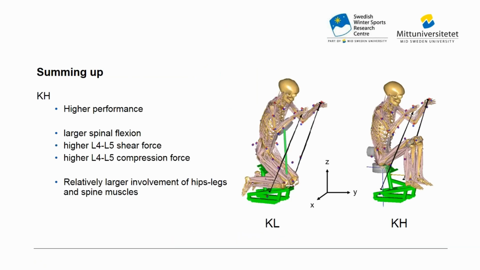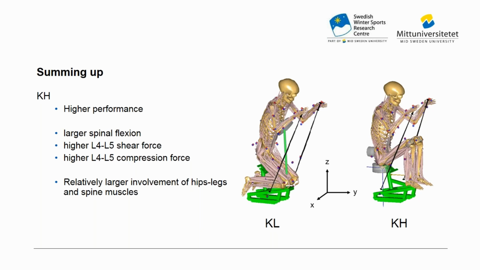And then summing up the results, the KH position showed higher performance, larger spinal flexion, higher shear force, anterior shear force between lumbar vertebra 4 and 5, and also higher compression force.